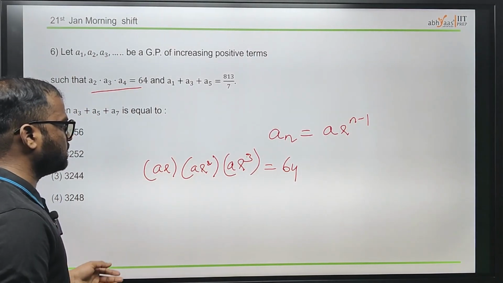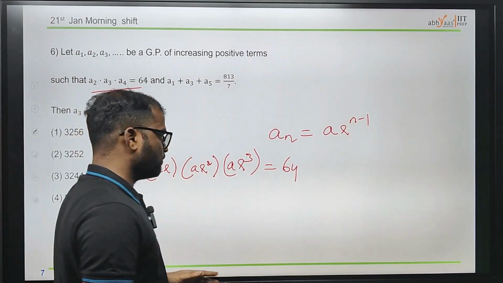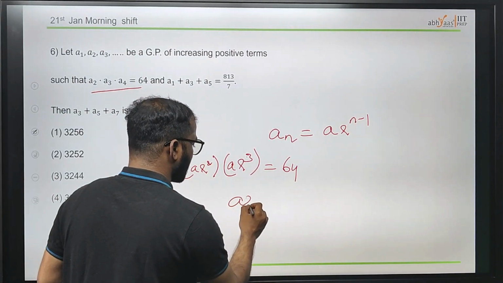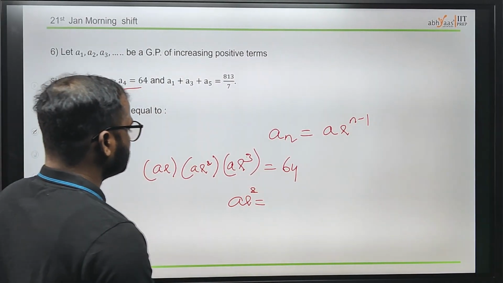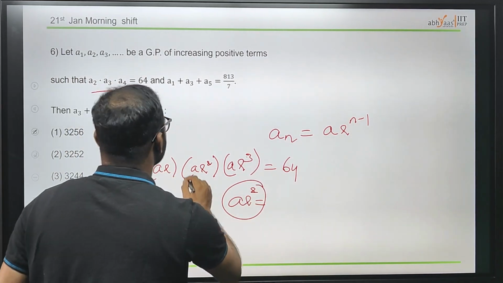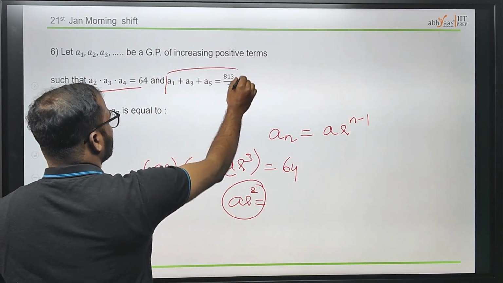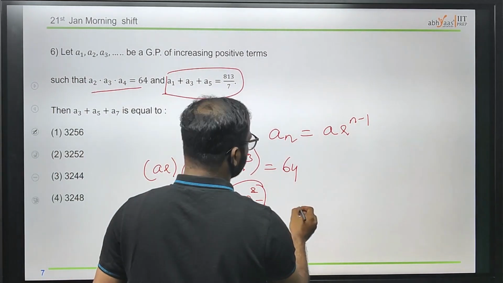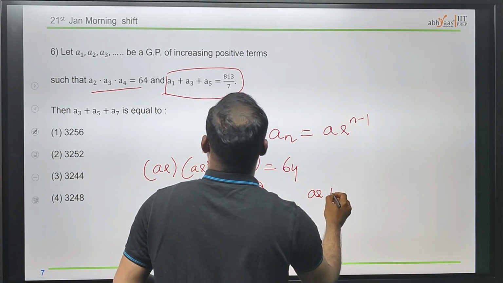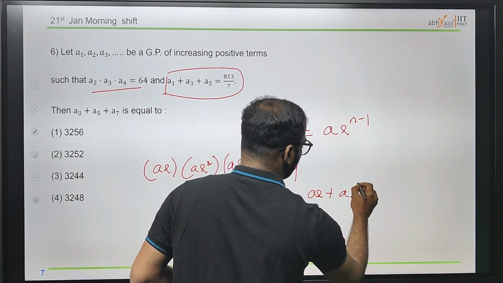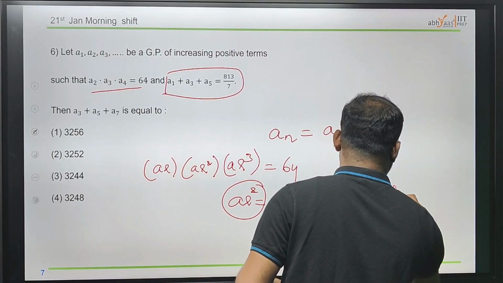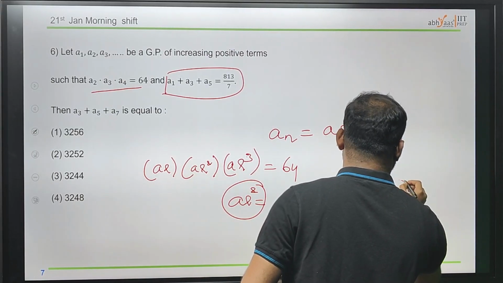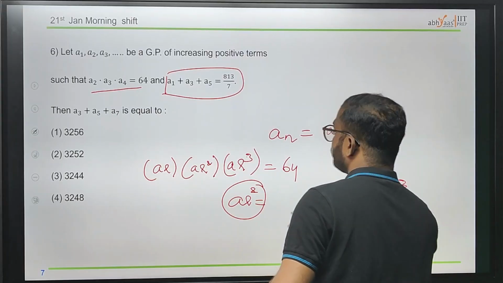From this, with some calculations, we will get ar square. After that, just put this into the given information, a1 plus a3 plus a5, which is a plus ar square plus ar to the power 4.